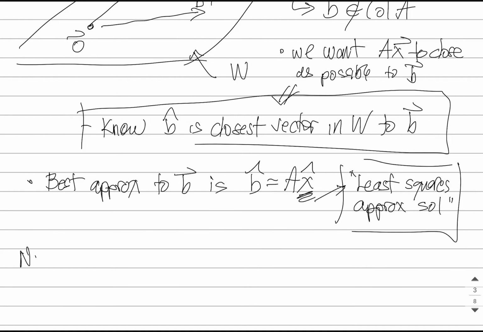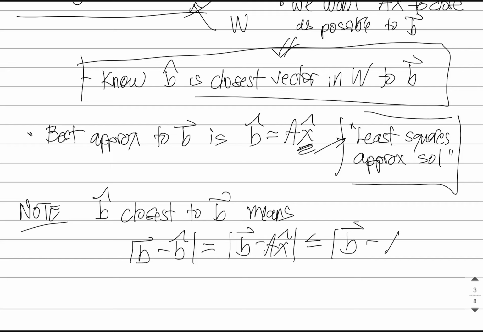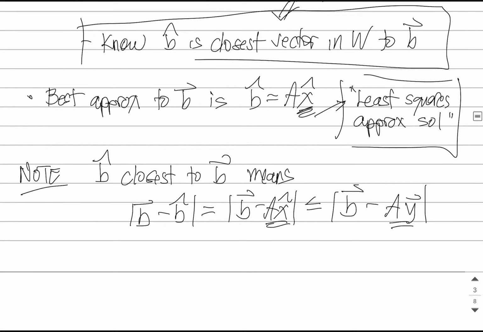Because when I say b hat is the closest to b, it means that if I take the length of b minus this b hat, which is the same as b minus A x hat, it's going to be less than or equal to the distance from b to any other linear combination in the plane. This Ax is the linear combination that's as close as possible.